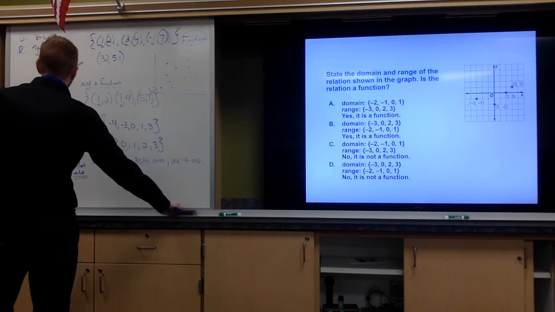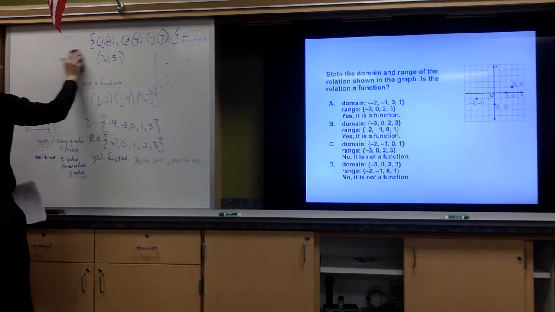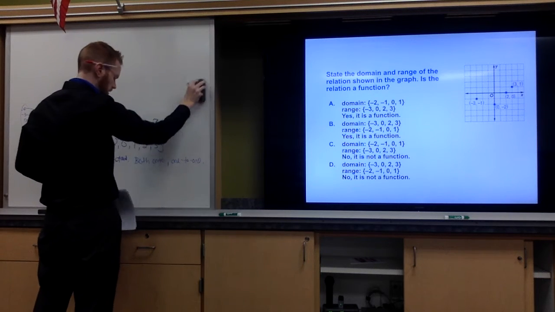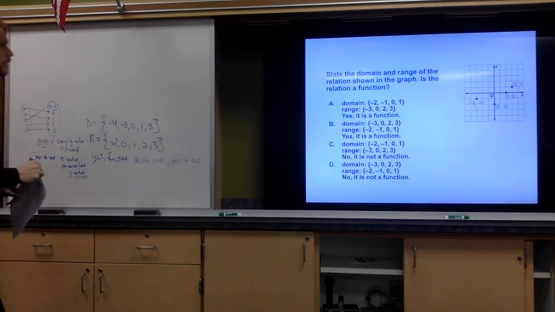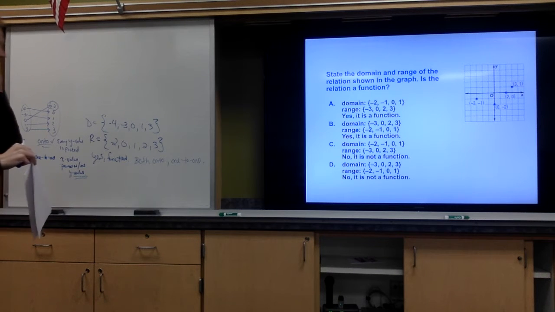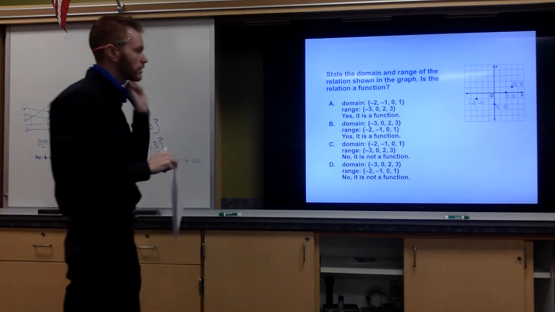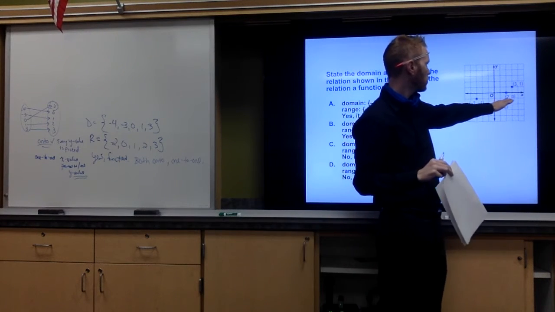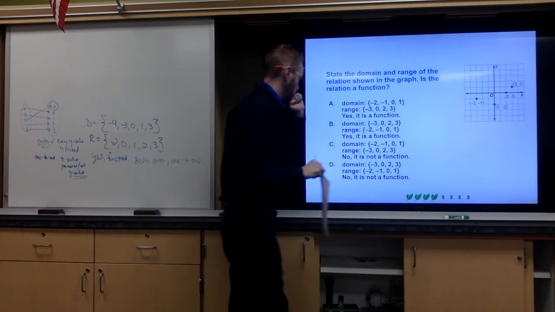So think about this one. State the domain and range, and is this relation a function? Well, let's take a look. My domain was -3, 0, 2, and 3. It's the x values.